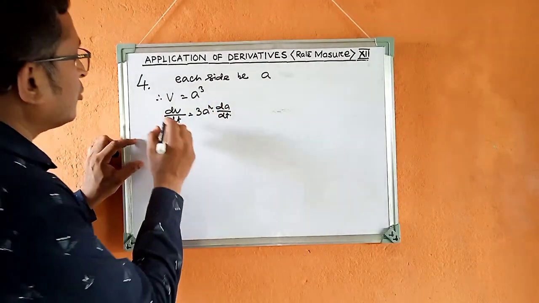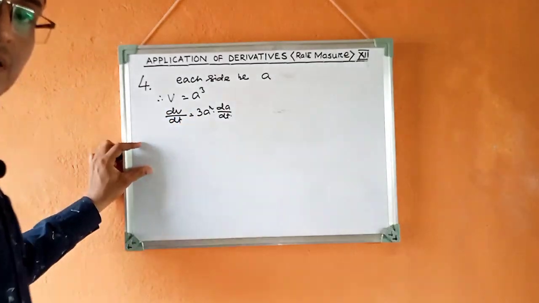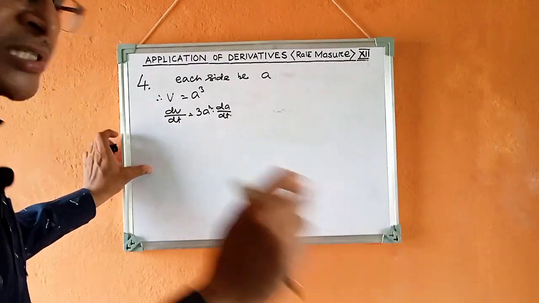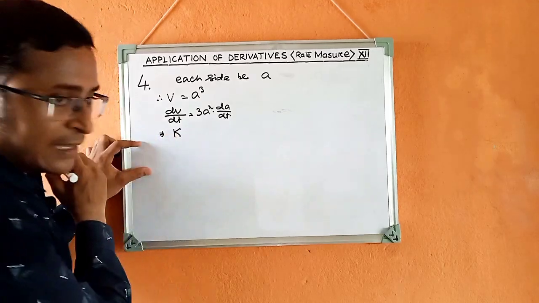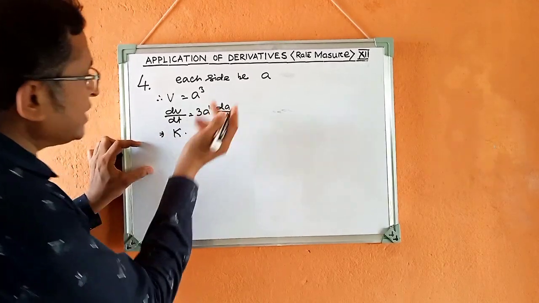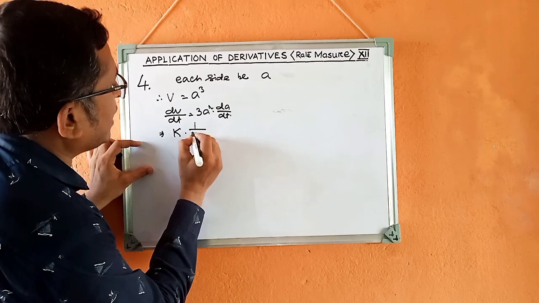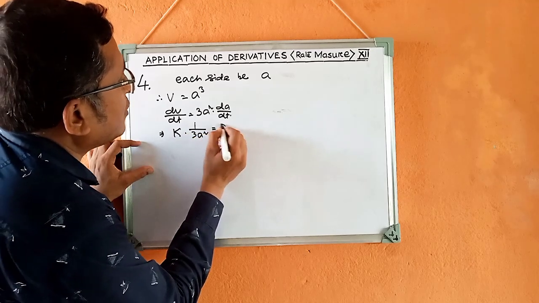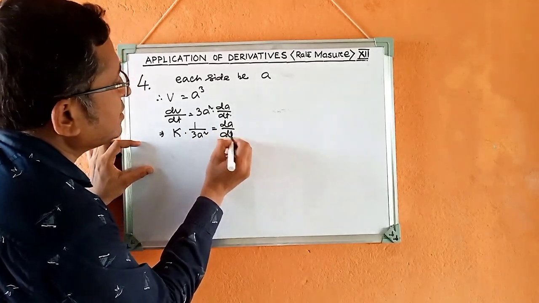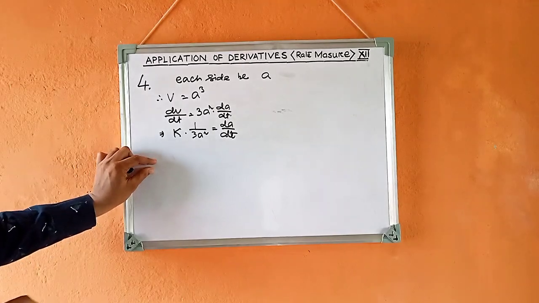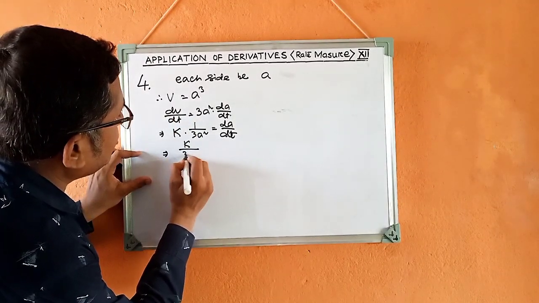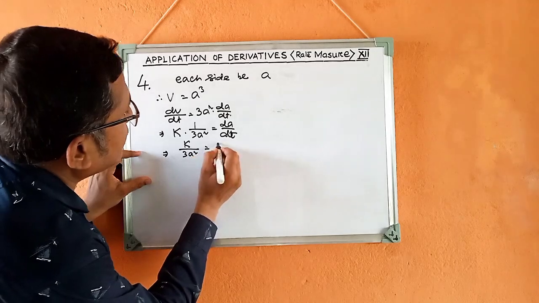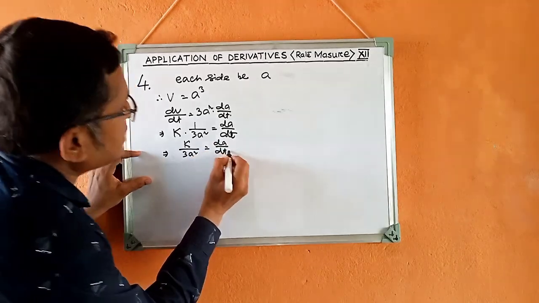Now dV/dt is constant, as given in the question, since the volume increasing rate is constant, so instead of dV/dt we write capital K. Now 3a² comes to the other side, so we get da/dt = K/3a². Now the surface area.